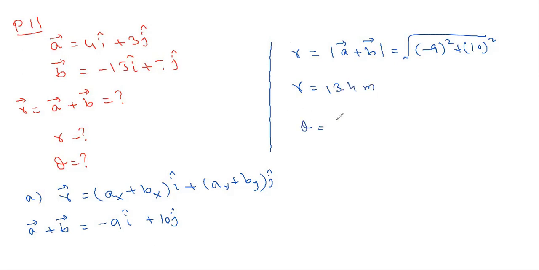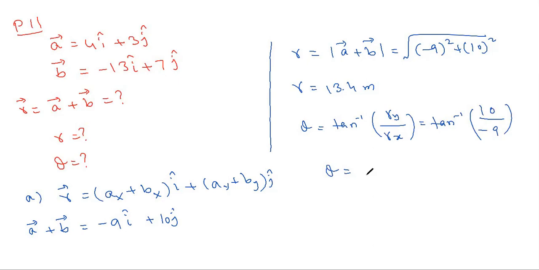And theta will be tangent inverse of ry over rx, tangent inverse of 10 over minus 9. Theta will be minus 48 degrees, or theta is equal to 180 plus minus 48. Theta will be 132 degrees. This is what we have to do in this problem.